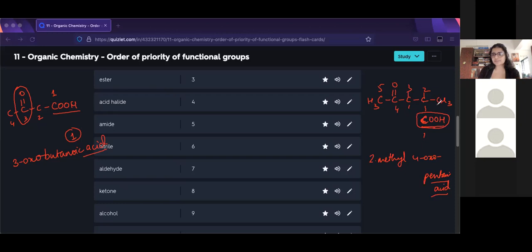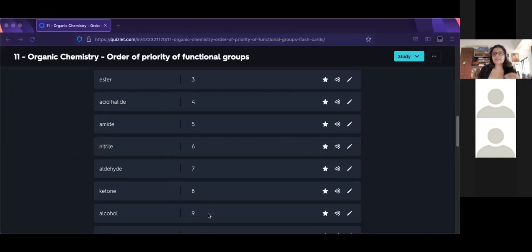Then what all did you exclude? Here there is a methyl group on the second carbon, and at the 4th position there is this double bond. So that's why 2-methyl-4-oxo. So that's the order of groups. Carboxylic acid is highest here. Even if you have something else, let's take it from here only. Suppose you have an aldehyde and a ketone. Let's say you have CH3, C double bond O, CH2, CHO.